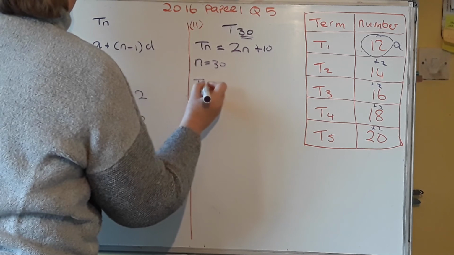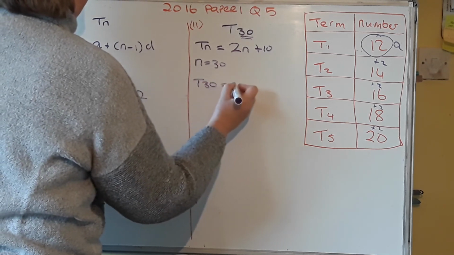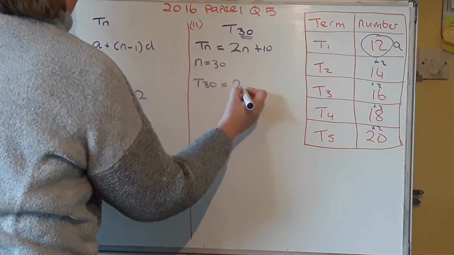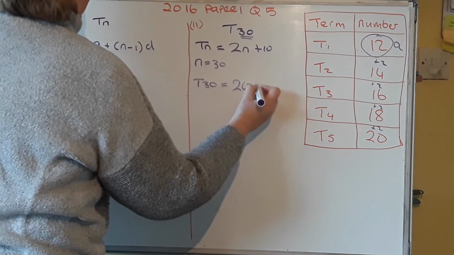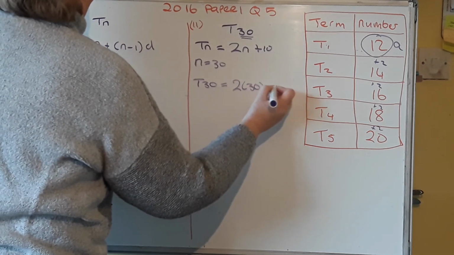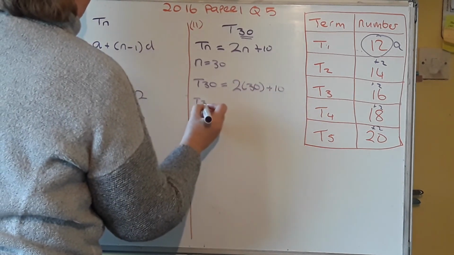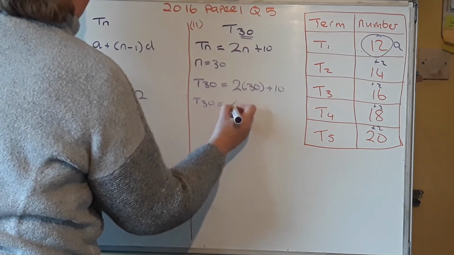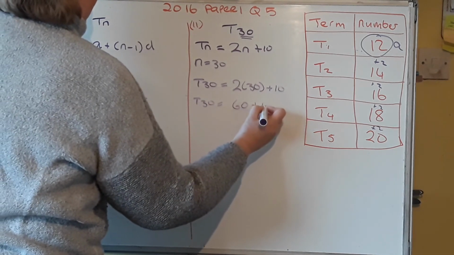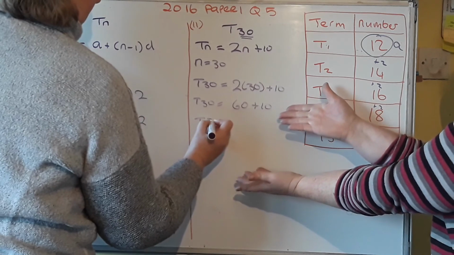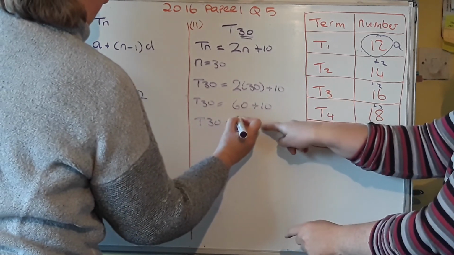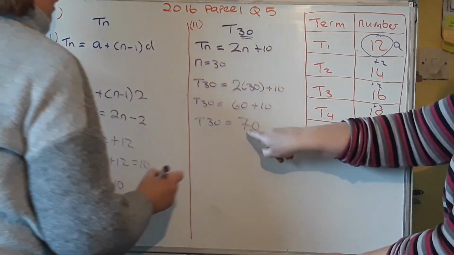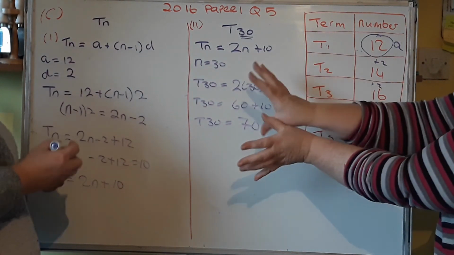So T30 is equal to 2, and instead of n, you put in your 30, plus 10. So T30 is equal to 2 30s or 60 plus 10. So T30 is equal to 70. And that's it, done.